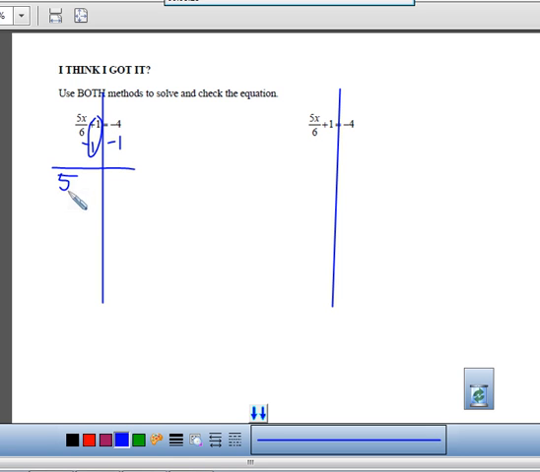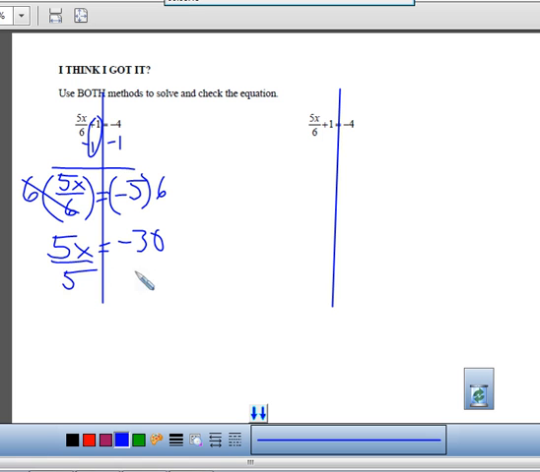I get 5x over 6 equals negative 5. Now I'm going to multiply both sides by 6, or you can multiply by the reciprocal. I think that makes the most sense. But negative 5 times 6 is negative 30. Divide both sides by 5, and you get x equal to negative 6.